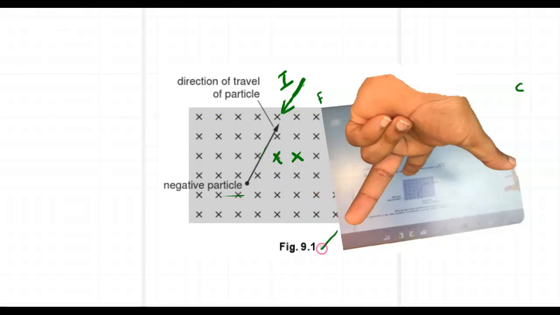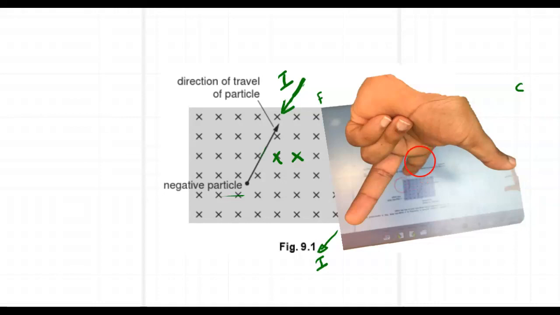Now you see, this is the middle finger, it is now aligning with the direction of current, the opposite direction of the negative particle. And still my index finger is into the page, it has not changed. You just turn your finger without changing the position of the magnetic field lines.